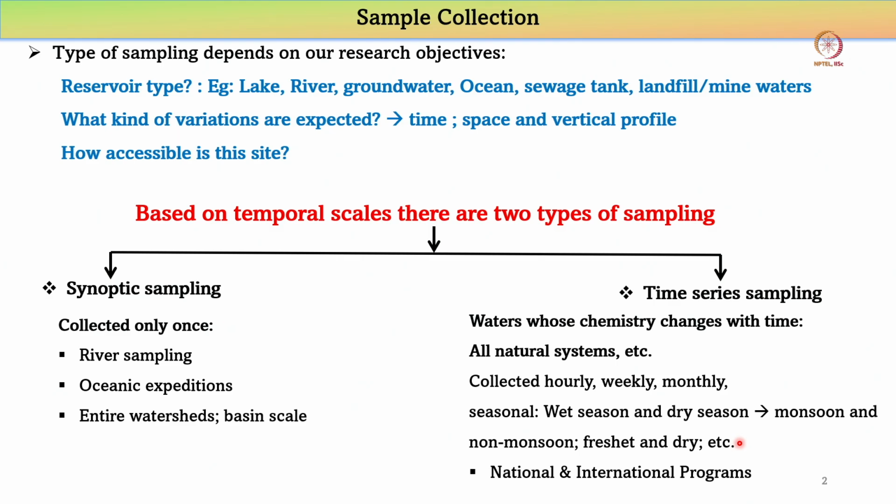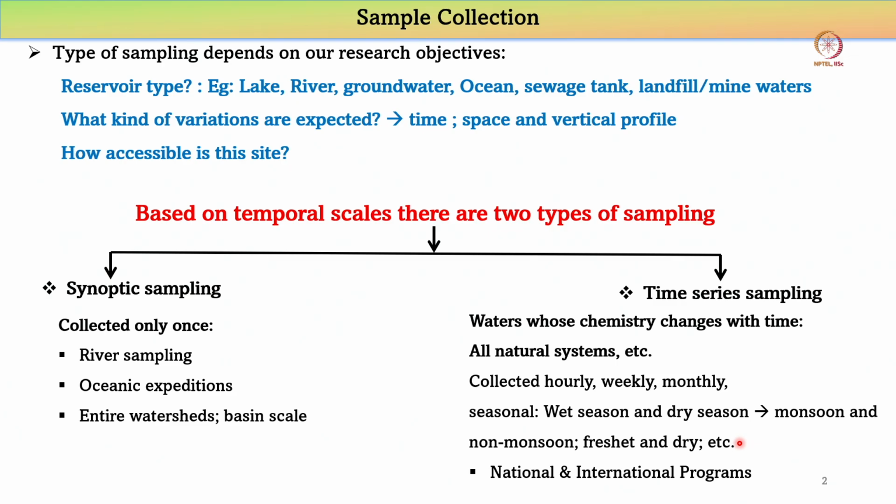Now generally what happens is when you're doing very big studies, when your geographical area coverage becomes more, then people preferably do synoptic sampling. That is, we go to the field once, we take the samples, however many samples we want to take, and then we come back and we do not repeat it any further.